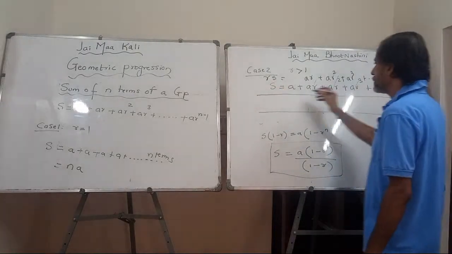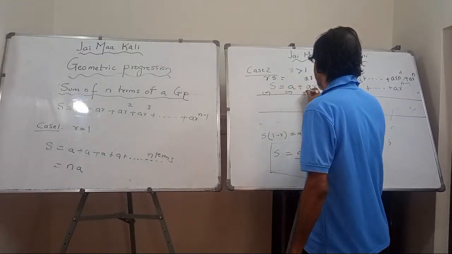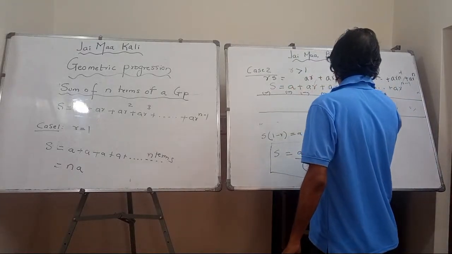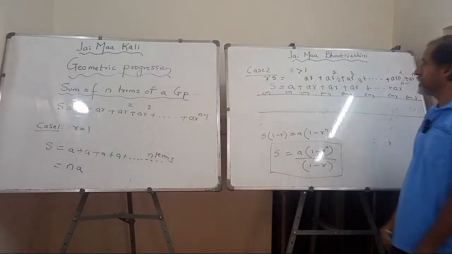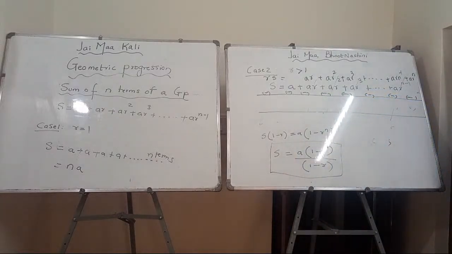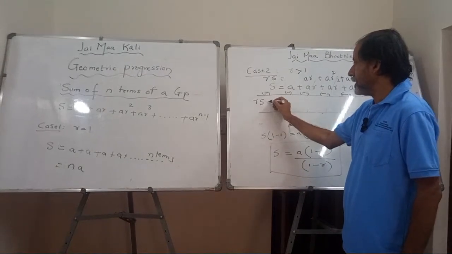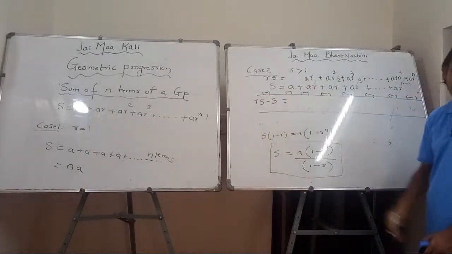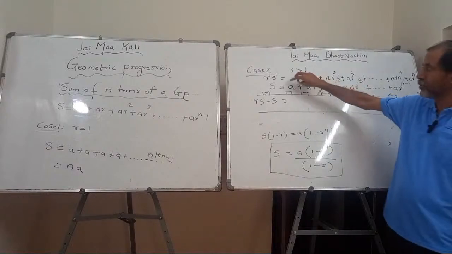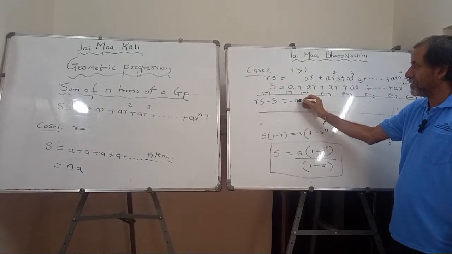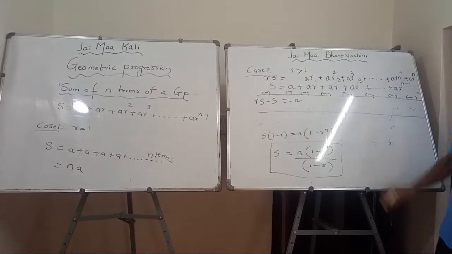So what will be the result of subtraction? Tell me. On the left hand side, RS minus S is equal to what? Minus A. 0 minus A, minus A. Okay.